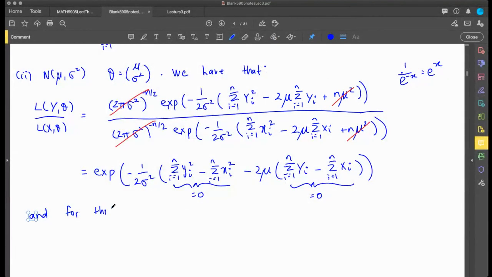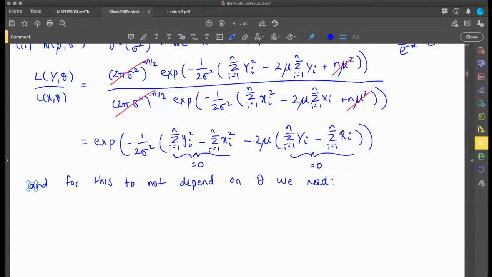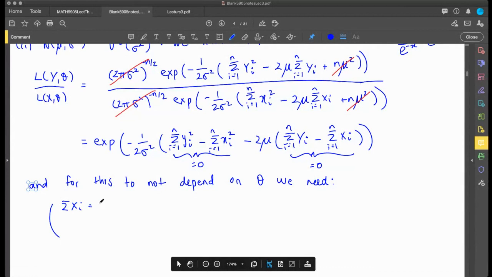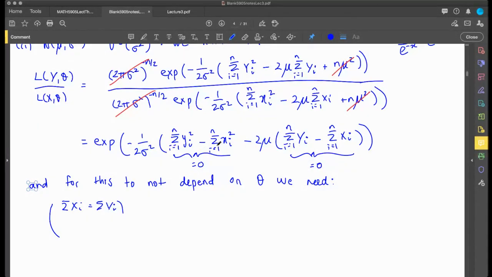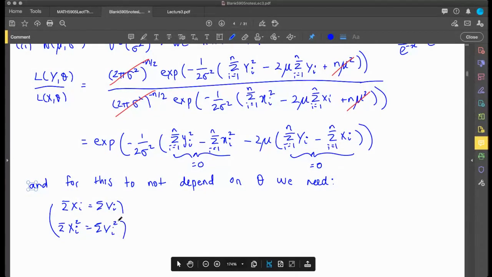All right, so let's write that more expressively. For this to not depend on theta, and so we can create our minimal sufficient partition, well, we need the sum of the xi's to equal the sum of the yi's, and the sum of the xi squared to equal the sum of the yi squared.